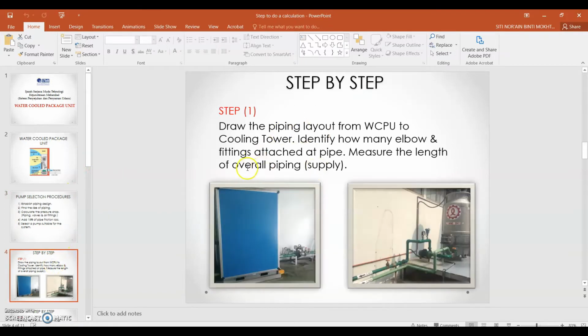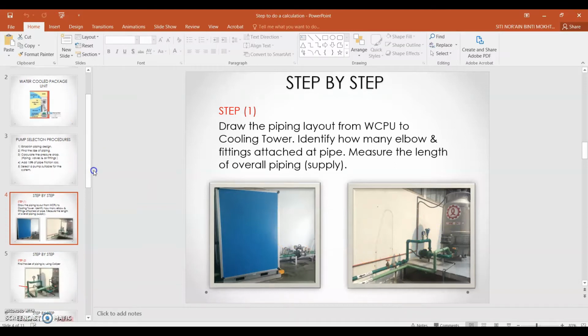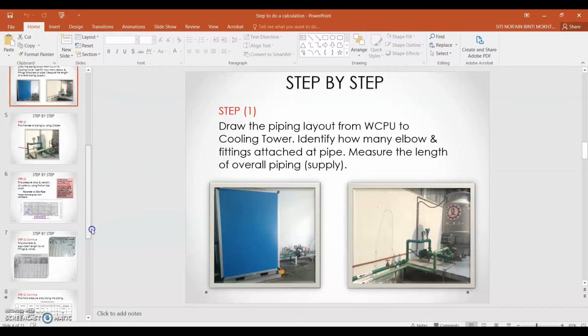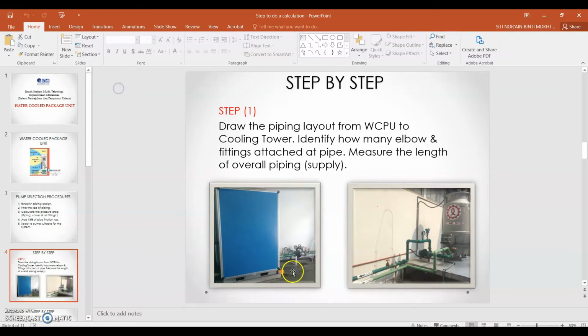From your task, you also need to sketch the layout from the package unit to the cooling tower, the whole complete schematic. Okay, we go step by step.